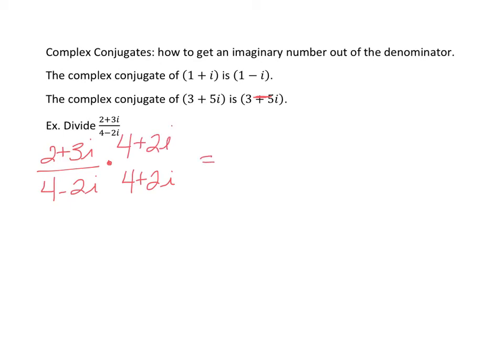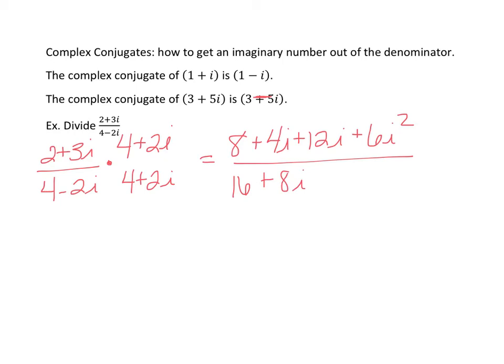Same FOILing method. This is going to give me 8 plus 4i plus 12i plus 6i squared over 16 plus 8i minus 8i minus 4i squared.